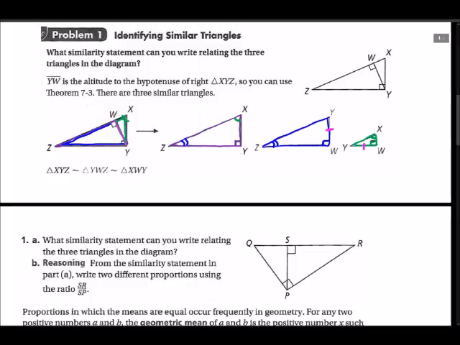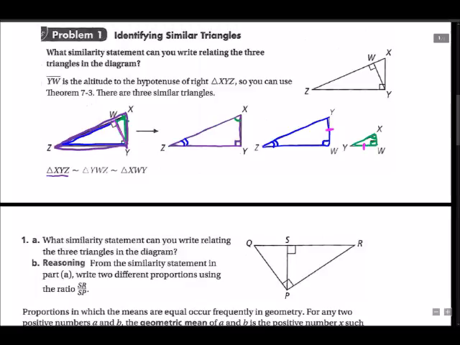We don't know if we're going to use that, but we know that that's congruent. It's the same side. So if we want similar triangles, here's our purple triangle, XYZ. So I start here at X, Y, Z.